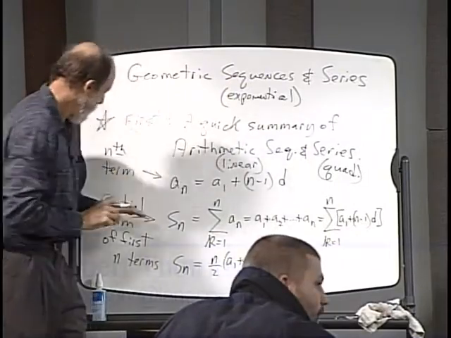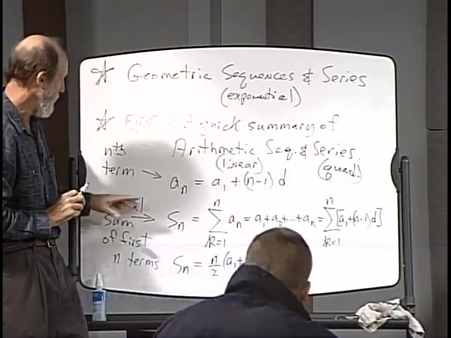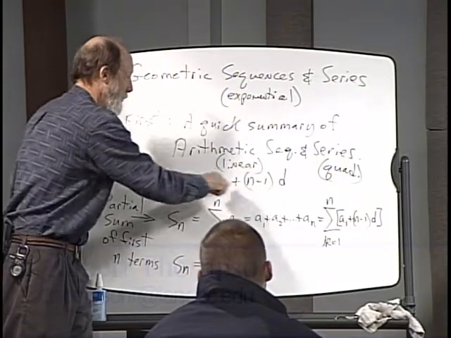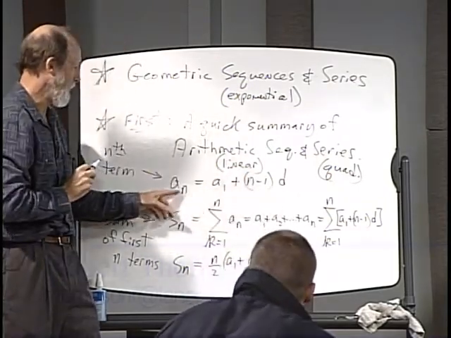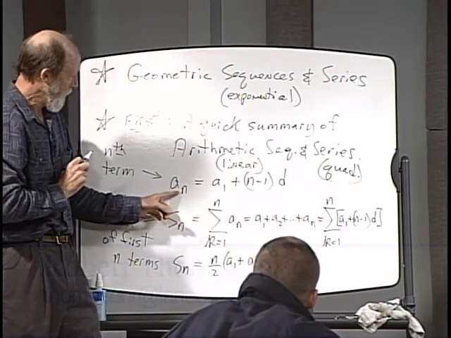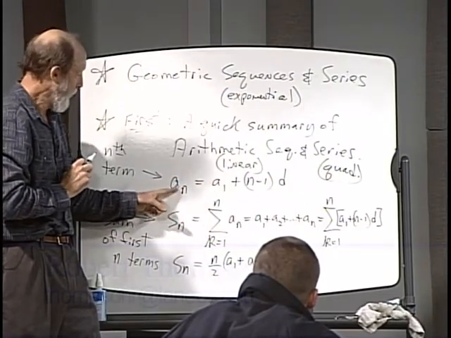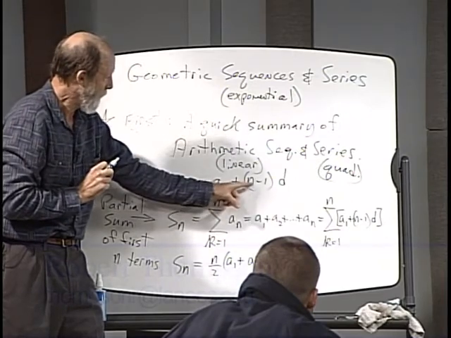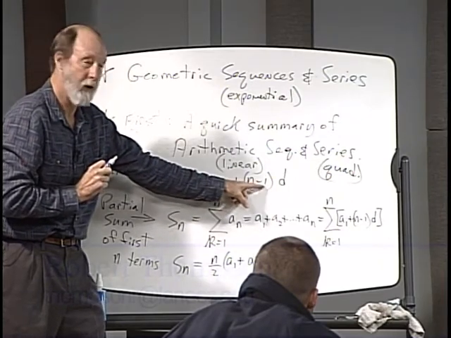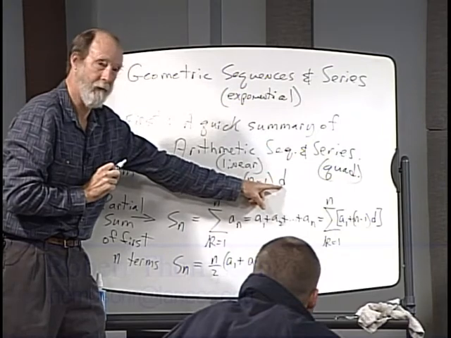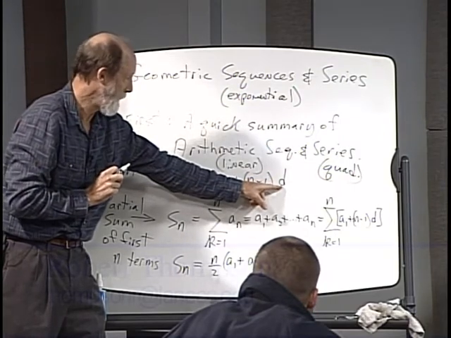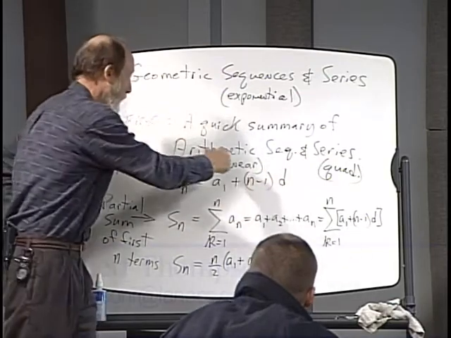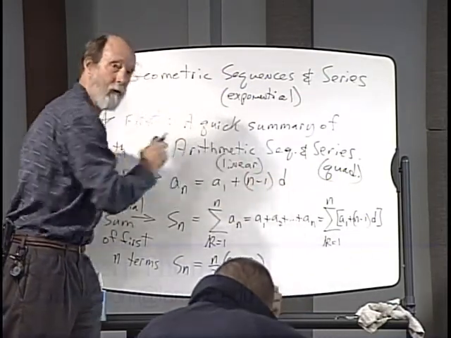Here are the formulas we had for arithmetic sequences. Here's the nth term of an arithmetic sequence: it's equal to the value of the first term plus the term number you're on, minus 1, times the common difference. The common difference is essentially the slope that you saw back when you studied linear functions.